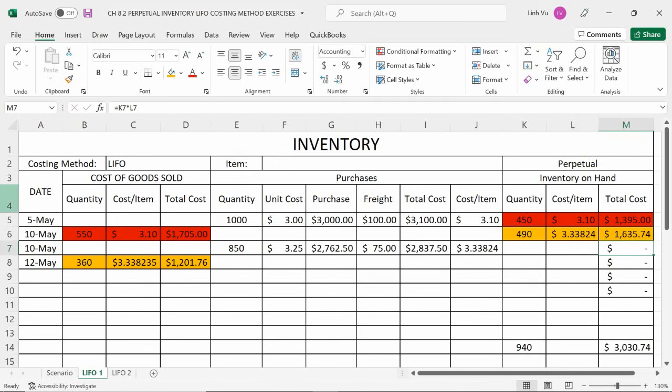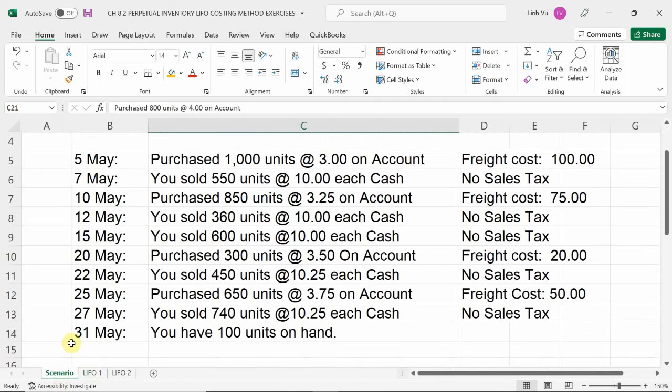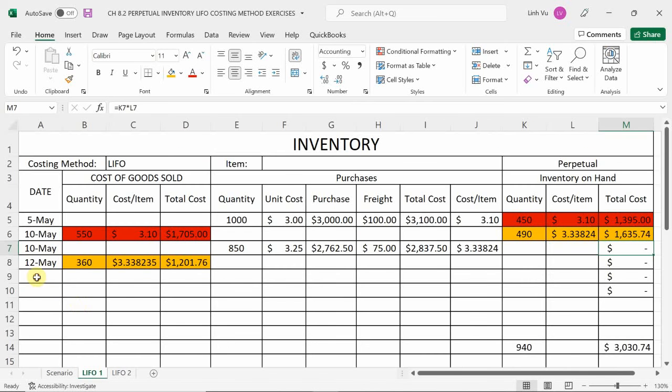Okay. All right, so let's see what happened next. May 15th rolls around and you end up selling an additional 600 toy units. So 600 units on May 15th. So in this case, let's take a look.